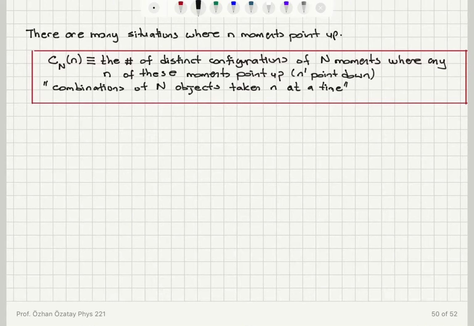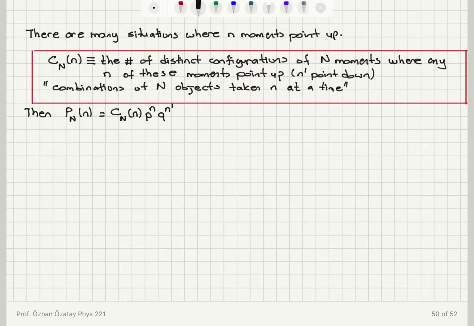So if I have this many number of distinct configurations where I would have any n of these moments pointing up, then the probability I would have for capital N moments, lowercase n of them pointing up, is going to be equal to combinations where I have n moments pointing up, p to the n, q to the n prime.